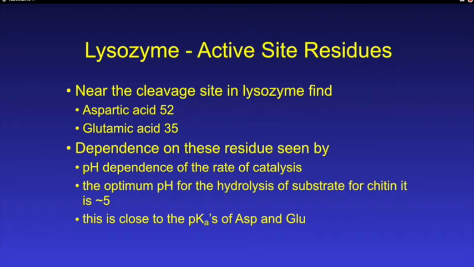Remember, the numerical position of these R groups may differ between species, so the number isn't as important as knowing there's an aspartic acid and a glutamic acid. We can see that as we vary the pH, this enzyme becomes most active around the pKa's for these particular amino acids, which supports that the aspartate and the glutamate are involved in this reaction.